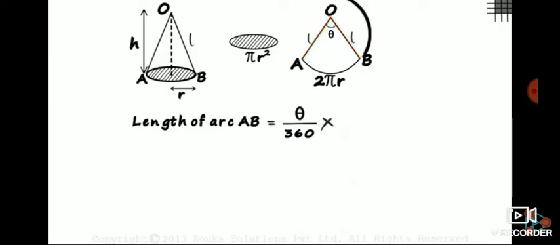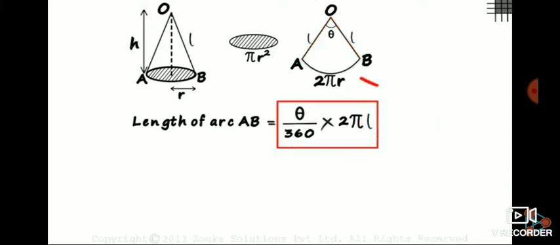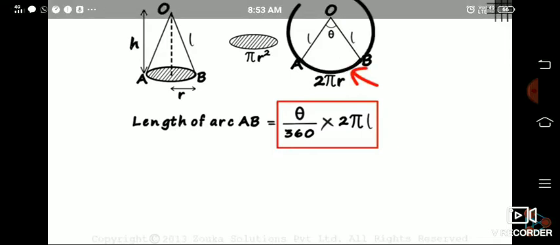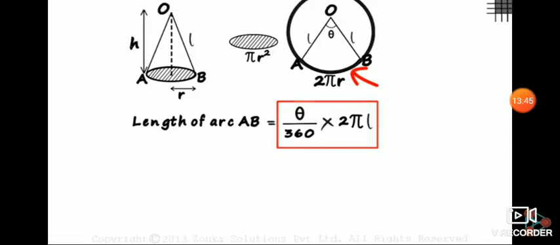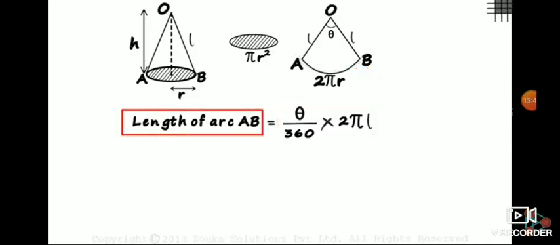What will be the circumference of the circle that is formed with this as the sector? It will be 2 pi L, since L is the radius of the circle of which this sector is a part. This tells us that the length of arc AB is a part of the circumference of the big circle that can be formed here. But the length of arc AB is also 2 pi r.